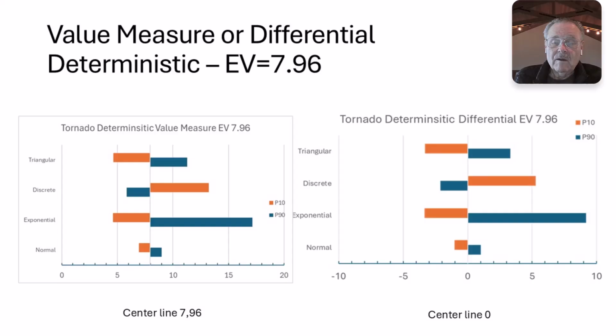And on the right, the differential. So you see the center line's at 0. The graphs, if they had the same range on the x-axis, would look identical as far as the length of the bars. But you can see there's very little difference in what's important and what isn't.